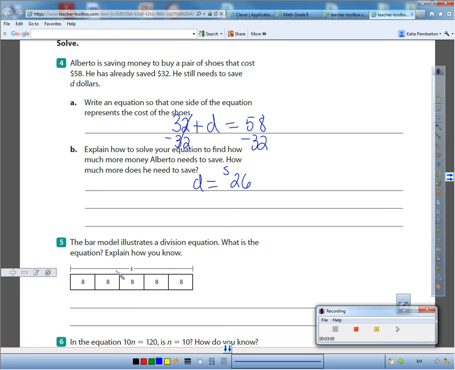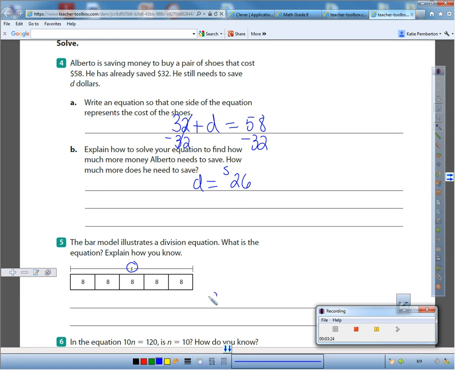Here's an explanation of the bar model, and if you're a little rusty on these, this should help. So the bar model illustrates a division equation. This is really similar to the example. What is the equation? And explain how you know. So we have S as our total, and we're dividing it into 1, 2, 3, 4, 5 parts.